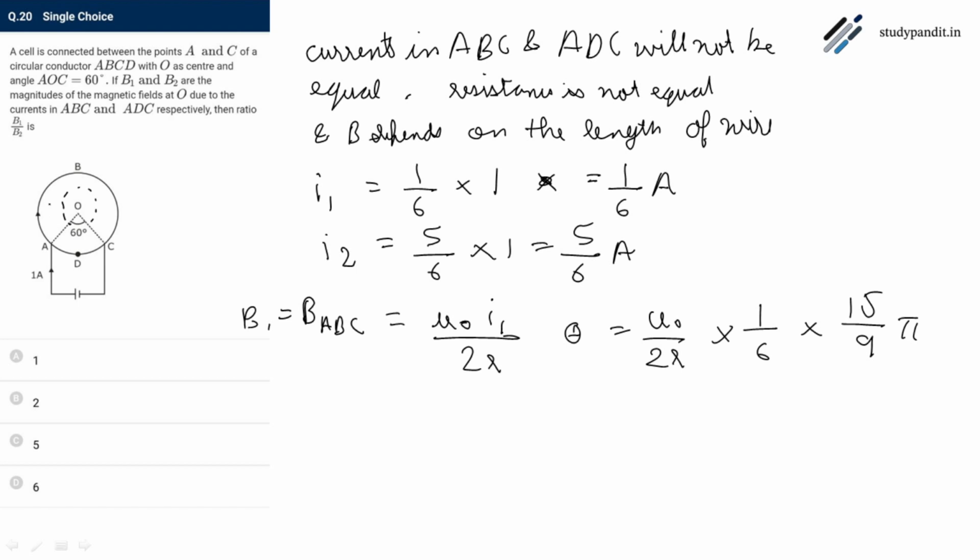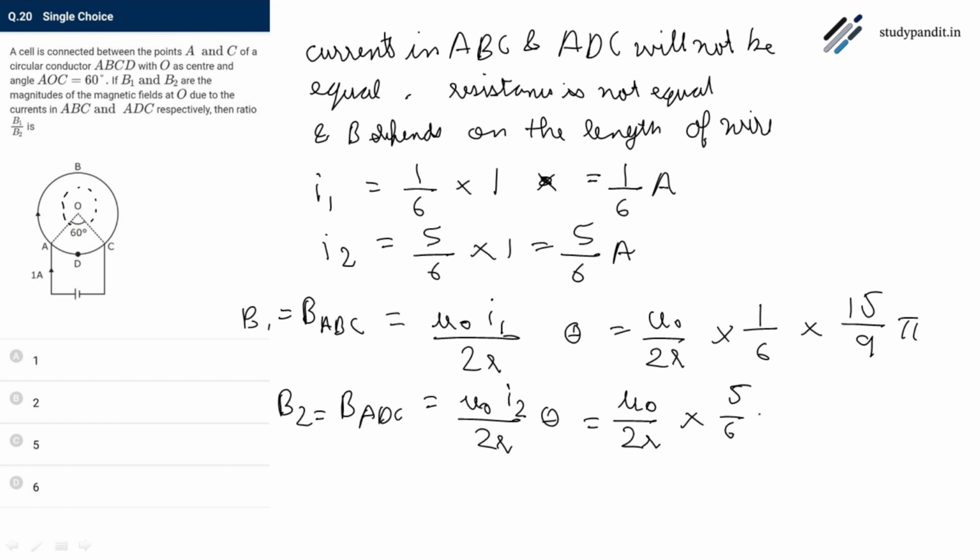That's the angle. Then B2 equals B of ADC equals mu naught I2 upon 2r theta, which equals mu naught upon 2r into 5 by 6 into pi by 3.